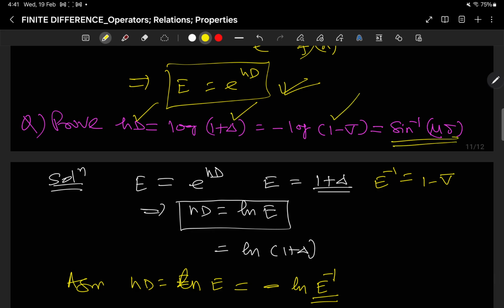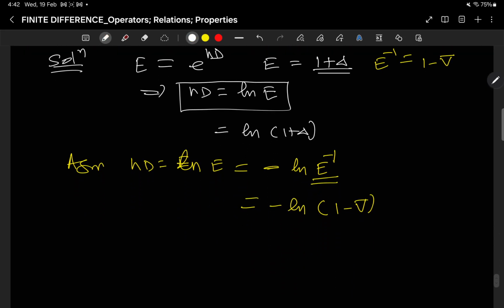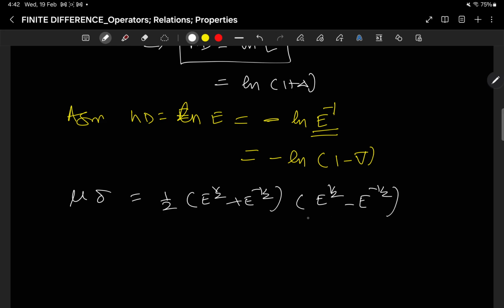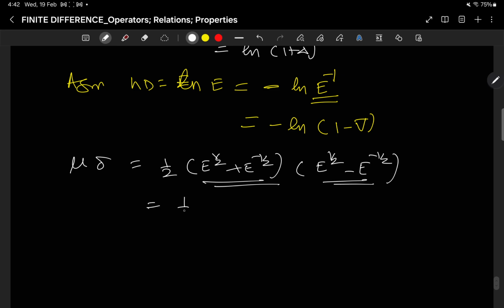Now coming to the last aspect, mu into delta. Here mu into delta is half of (e to the power half plus e to the power minus half), this is your mu, and delta is e to the power half minus e to the power minus half. Now it is (a plus b) into (a minus b), which is a square minus b square, so it is E minus E inverse. Now the value of E you substitute, it is half of (e to the power hD minus e to the power minus hD).